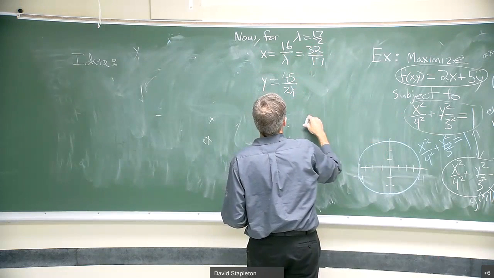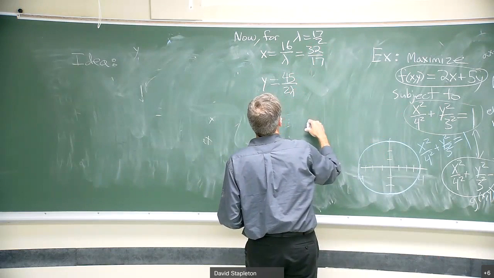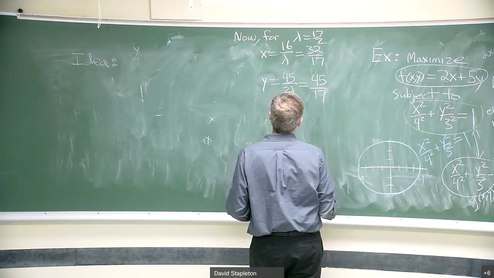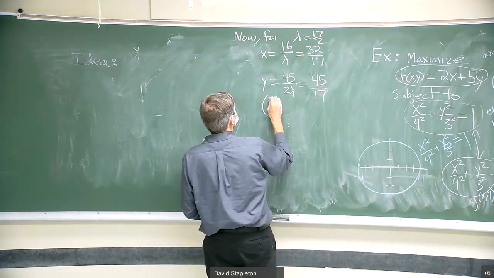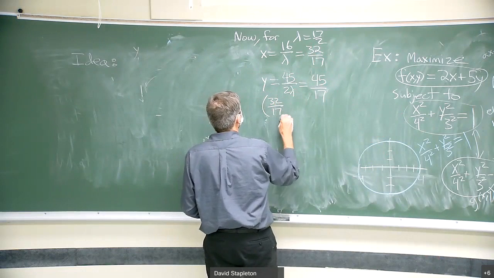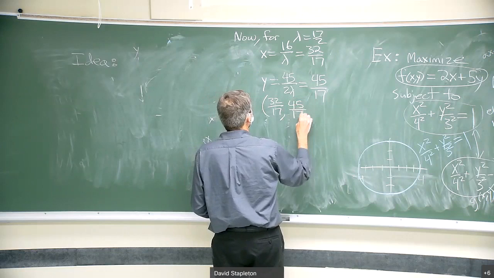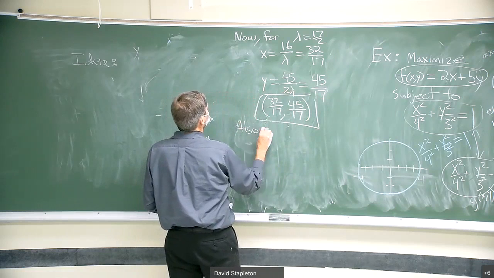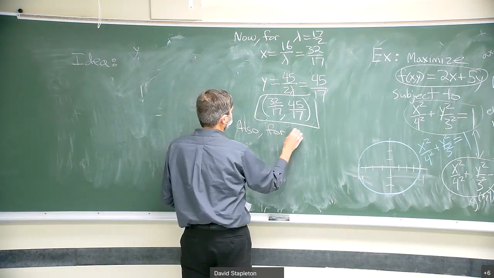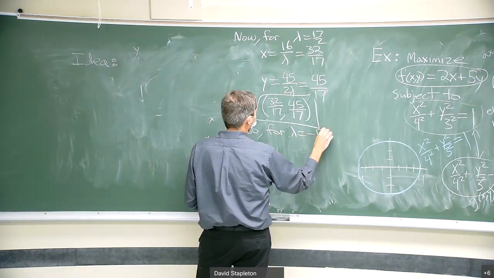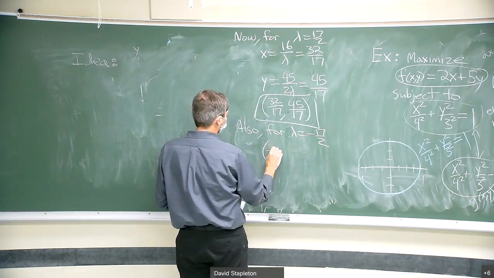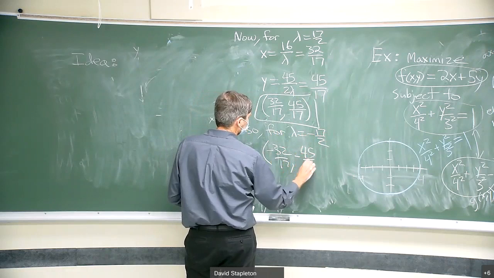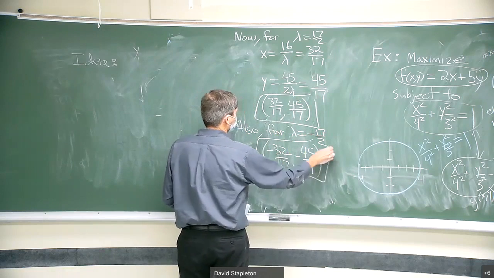Lambda equals 17 halves is 45 17ths. There we go. And so one of the candidate points has coordinates 32 17ths, 45 17ths. Also, we have another value of lambda, lambda equals minus 17 halves. You get the similar point, minus 32 17ths, minus 45 17ths. Those are the two candidate points.